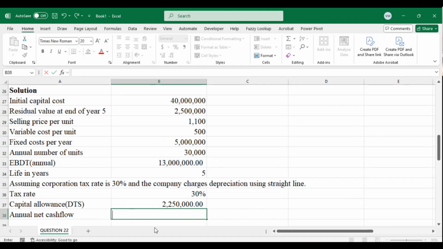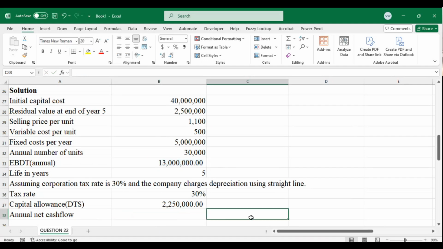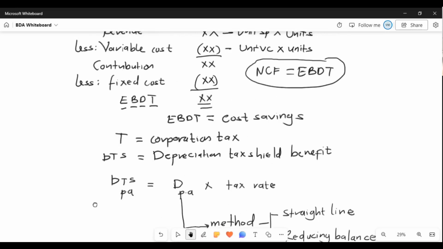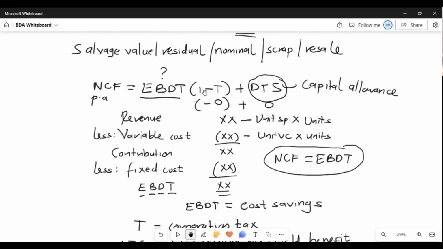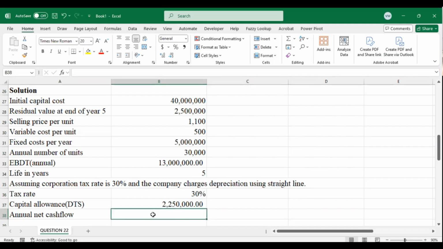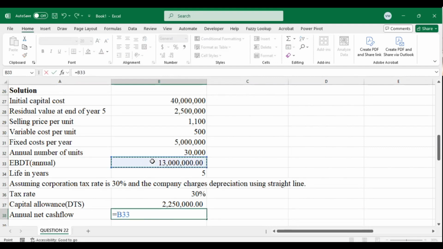Let me go back to our formula so that I show you what I'm trying to do. We said that the annual net cash flow is given by the earnings before depreciation and tax, 1 minus corporation tax, which I've assumed is 30, plus the capital allowance that I've computed. So I can get the net cash flow. So the annual net cash flow equals the earnings before depreciation and tax.